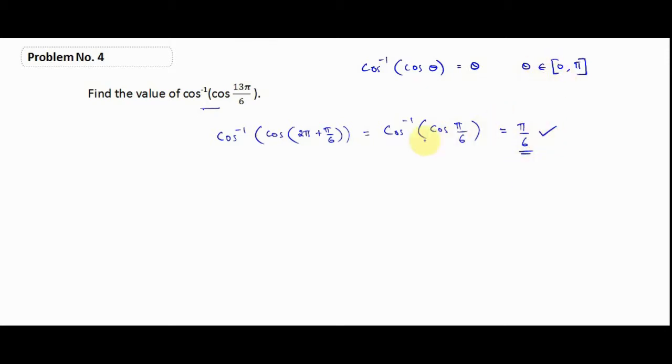Now move on to problem number 5. Find the value of tan inverse of root 3 minus cot inverse of minus root 3. So we are asked to calculate the value of tan inverse of root 3 minus cot inverse of minus root 3.